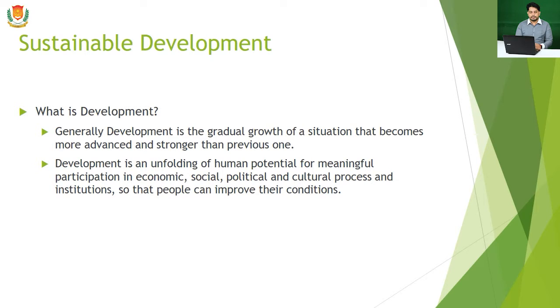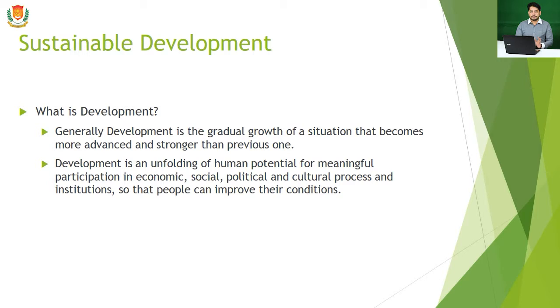In another definition, we can say development is an unfolding of human potential for meaningful participation in economic, social, political, and cultural processes and institutions so that people can improve their conditions. So the unfolding of human potential for meaningful participation in economic, socio-political, and cultural processes is also known as development.